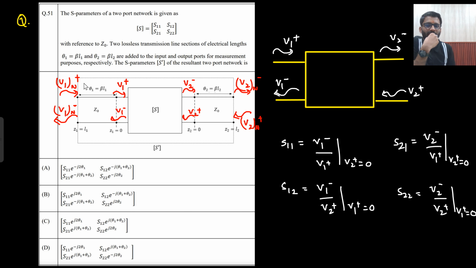But we do not know V1n plus, V1n minus, V2n minus and V2n plus. So can we write V1n plus in terms of V1 plus? Yes.